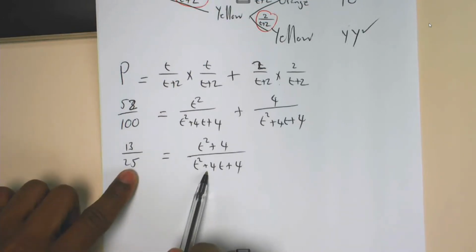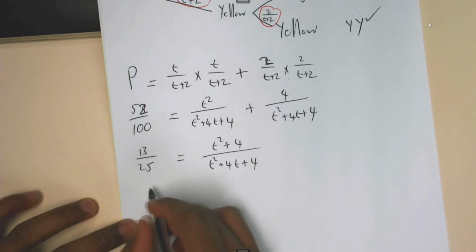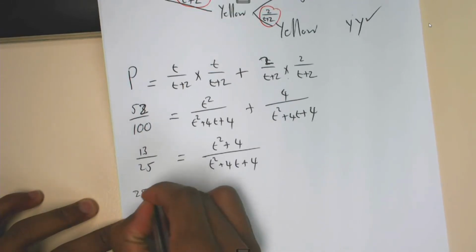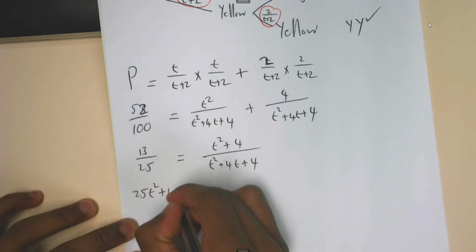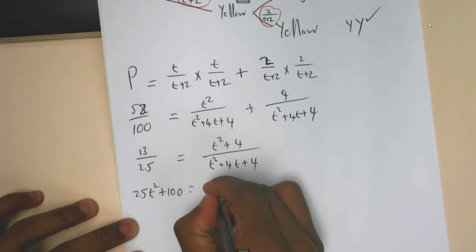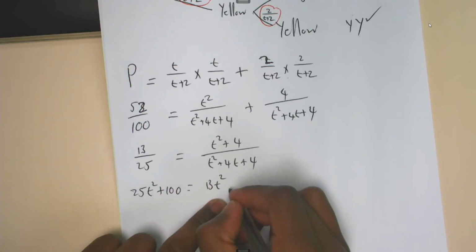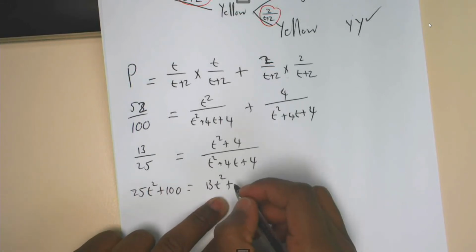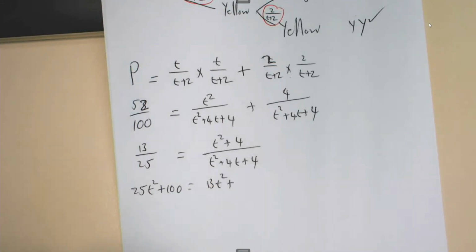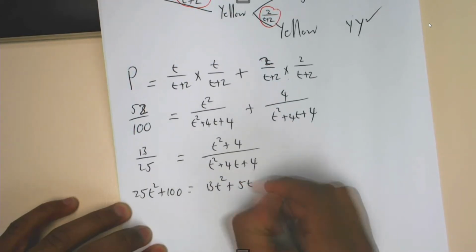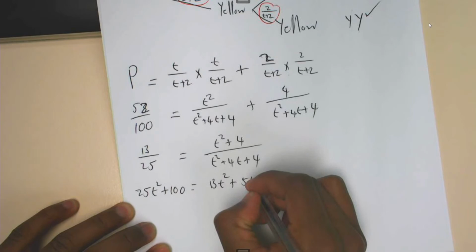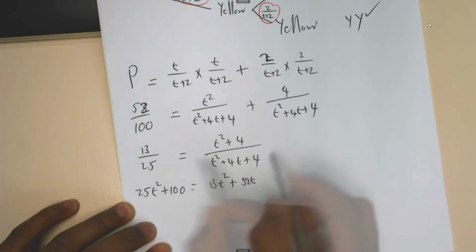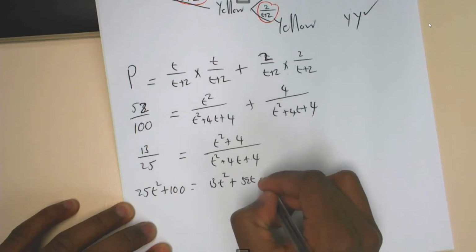And we simplify this equation. After simplification, we'll have 25t squared plus 100 equal to 13t squared plus, 13 times 4 gives us 52, and then 13 times 4 again gives us 52.